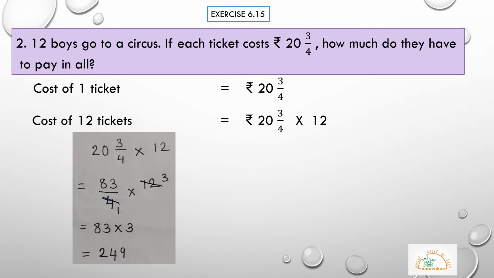Now we can cancel 4 and 12: 4 ones are 4, 4 threes are 12. What's remaining? 83 multiplied by 3 is equal to 249. Therefore, they have to pay rupees 249.